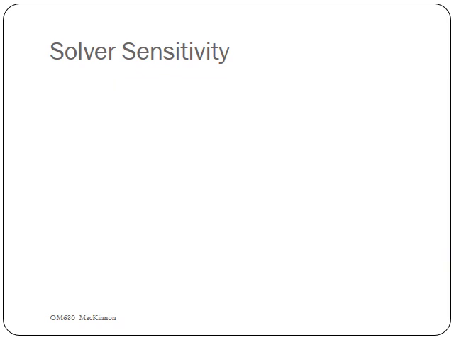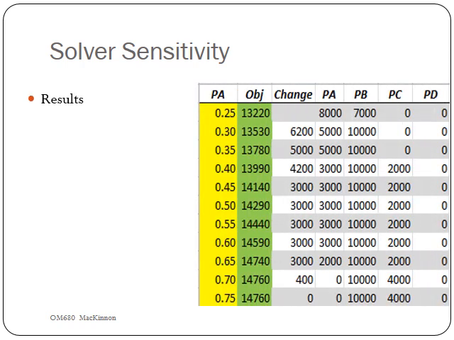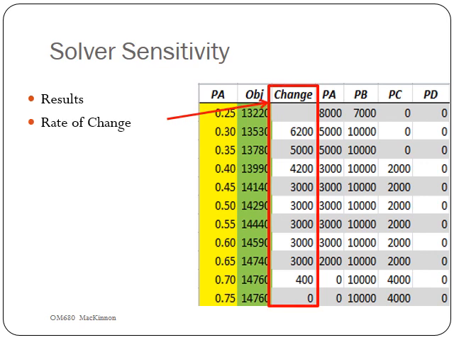Here are the results of the Solver Sensitivity, formatted a little to make them more understandable. I've got the thing that we were varying, the route from Pittsburgh to Atlanta, in yellow, and the objective, the thing we are trying to minimize, in green. Notice the rate of change starts to decrease as we go up in price towards 75 cents.